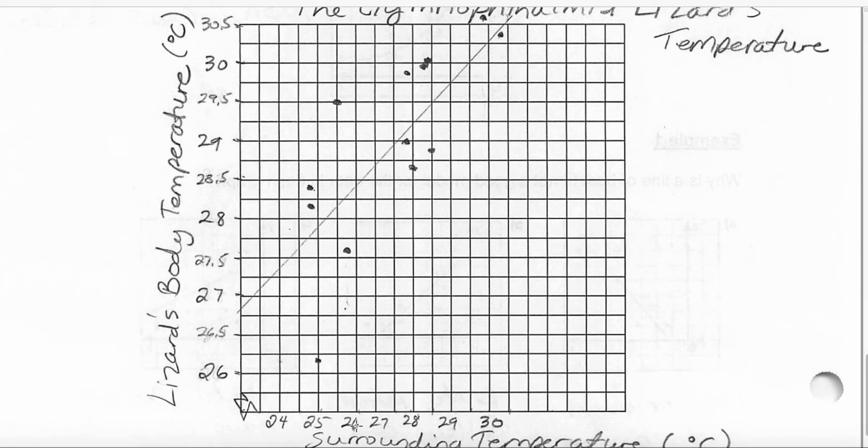We don't actually have a point right above the 26, but we could estimate that maybe it's about 28.5 degrees. If you said something around 28 or 29, something in that range, that would be just fine. So I think about 28.5 degrees Celsius from the graph that I have.